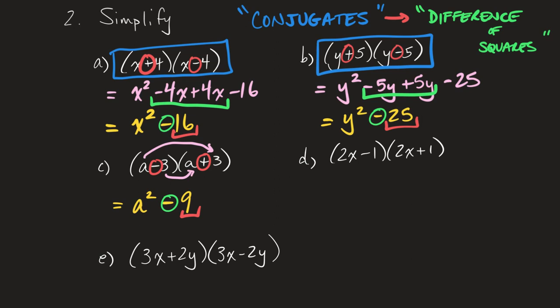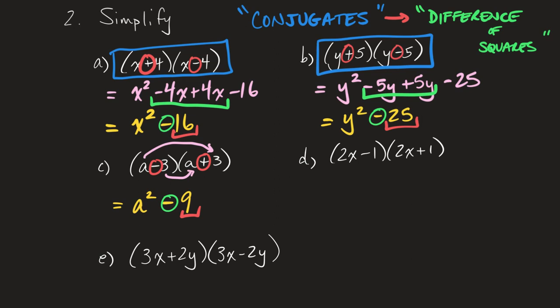Why? Because how did we get it? Well, look back in A. We got the 16 by 4 times 4. In B, how do we get the 25? 5 times 5. In C, how do we get the 9? 3 times 3. That value at the end is a square.